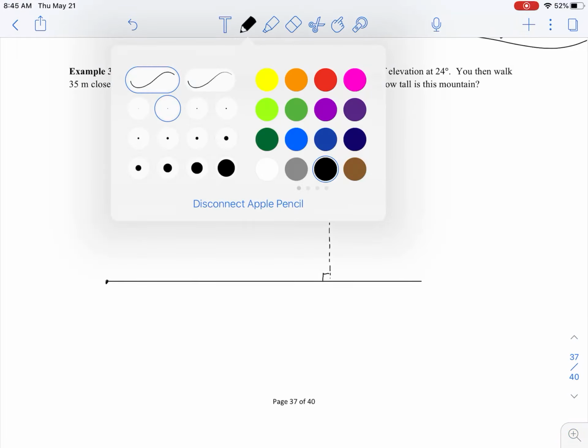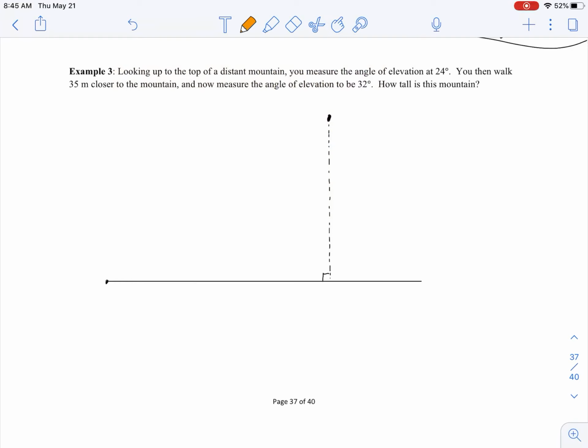So our first line of sight, you measure the angle of elevation to be 24 degrees. Maybe I drew this not quite to scale, but that's okay. 24 degrees. You then walk 35 meters closer to the mountain and measure the angle of elevation, from the ground up, to be 32 degrees. So we're going to walk up here.